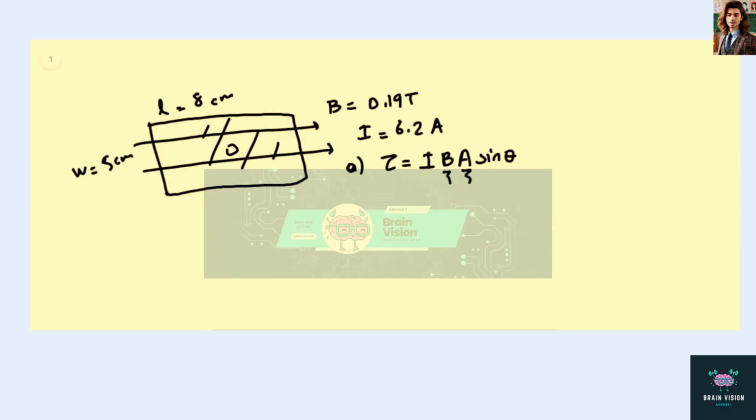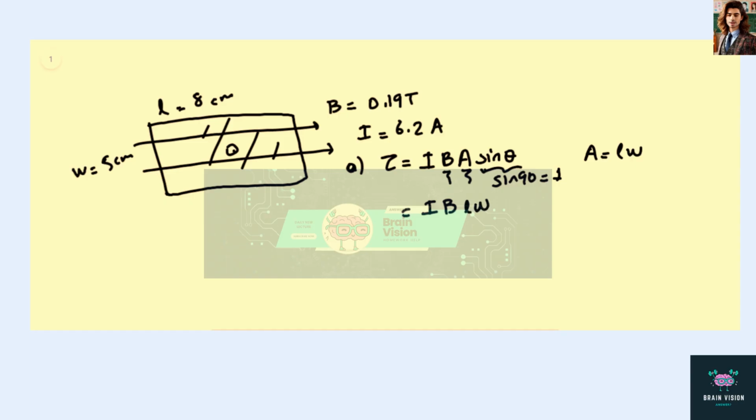So in this case, it's going to be out of the plane towards us, which makes the angle between A and B 90 degrees. So we can drop this sine term because sine 90 is going to give us 1. Simply, in order to calculate the torque, we do I times B times area. As you know, it's a rectangle, so it's going to be the length times width.